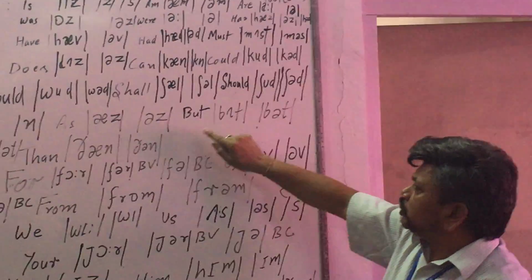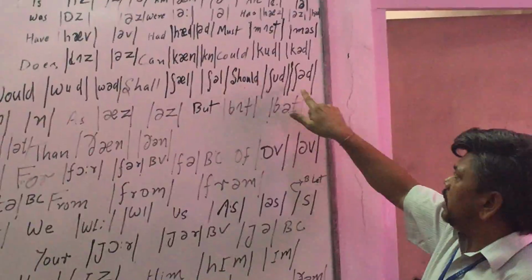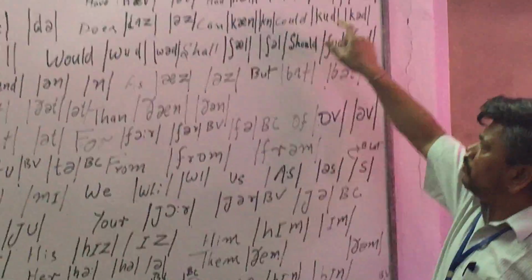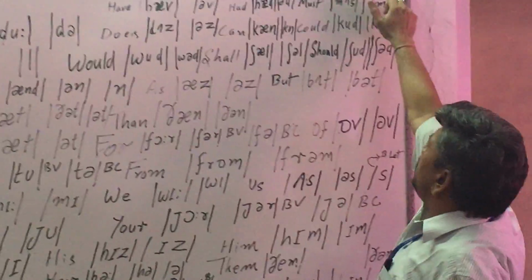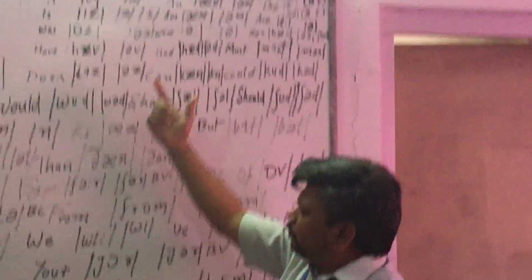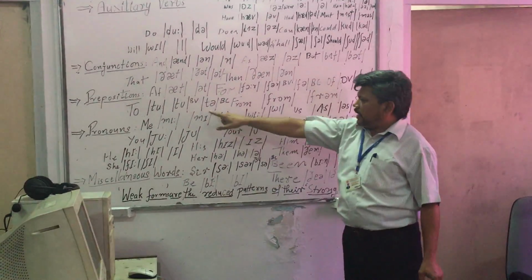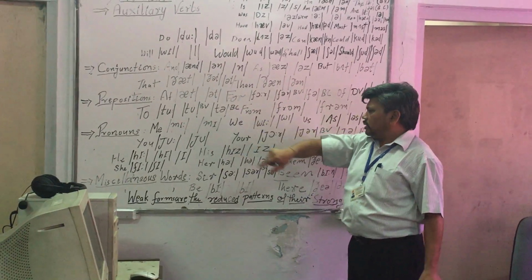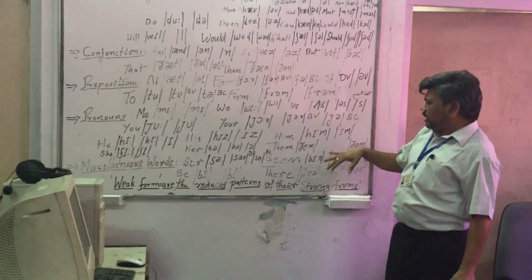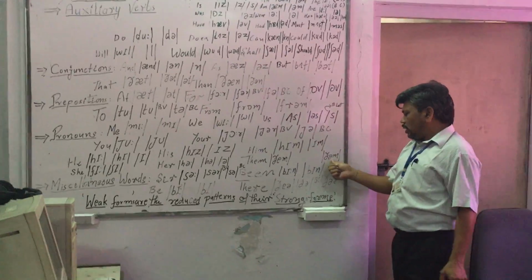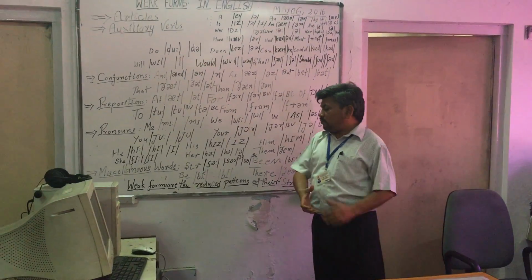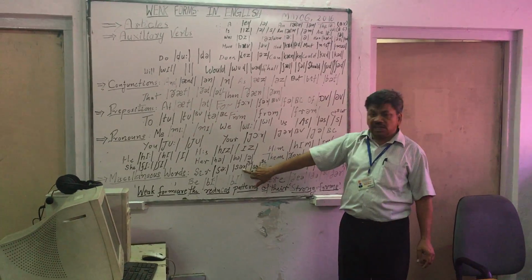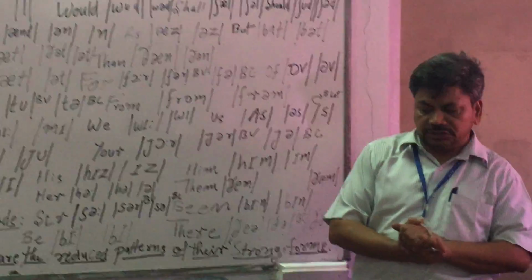So this schwa is forming the base foundation for weak forms in English, even 'to' becomes 'te'. And this schwa is playing a pivotal role in the formation of weak forms in English.